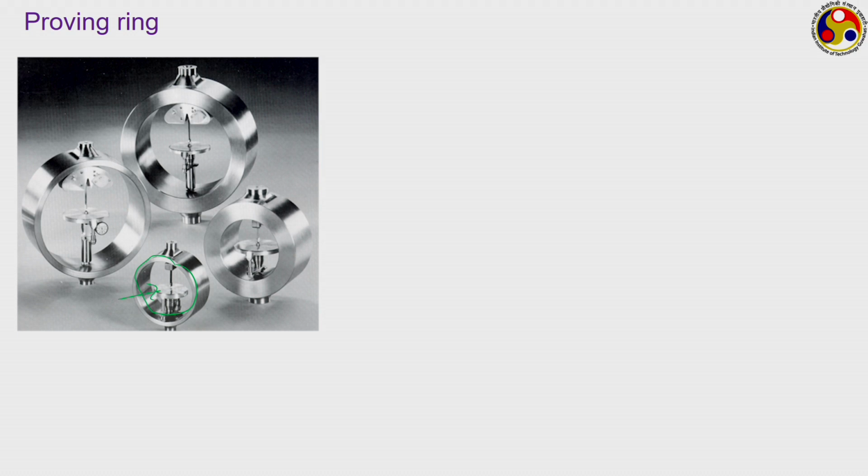The idea of this one is that the ring of some known dimensions will be subjected to some kind of force at these two ends. The way I have shown, this is actually compressive force, but proving rings can be used for both tensile and compressive stress measurement or force measurement.